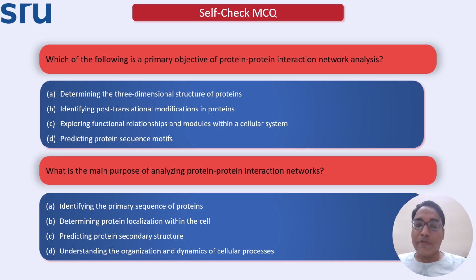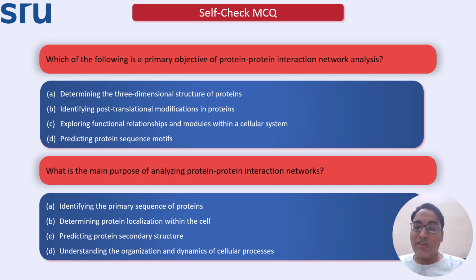What is the main purpose of analyzing protein-protein interaction networks? Identifying the primary sequence of proteins is known. Determining protein localization within the cell, for this I can use the gene ontology search. I hope you are understanding properly. Predicting protein secondary structure, I'm not at all touching secondary structure with protein-protein interaction networks.